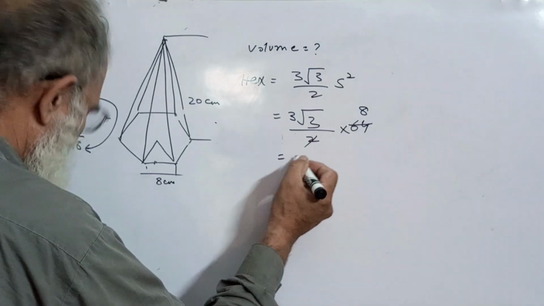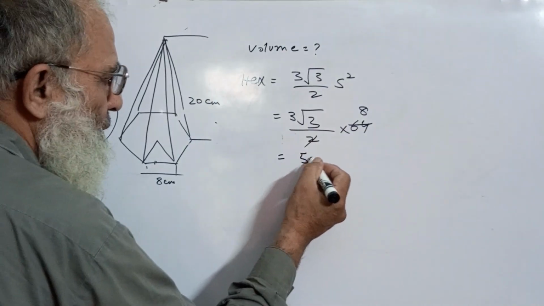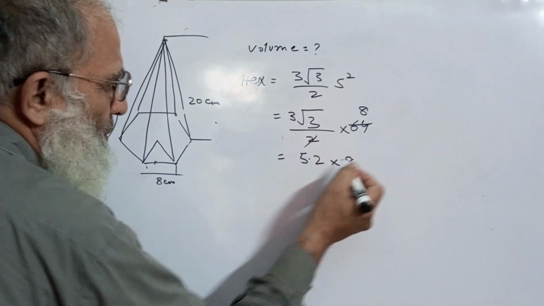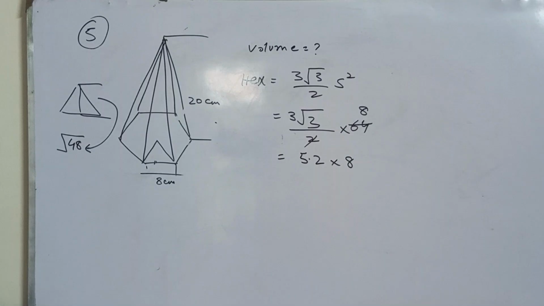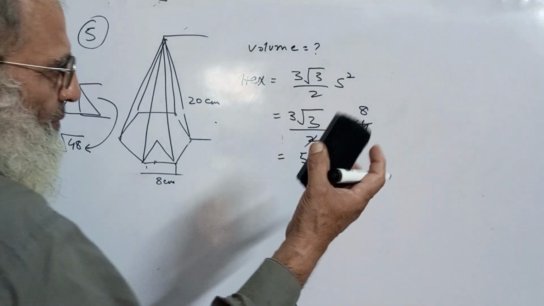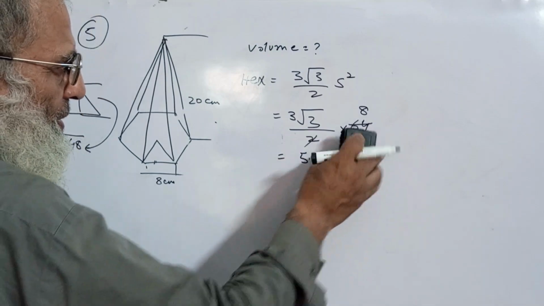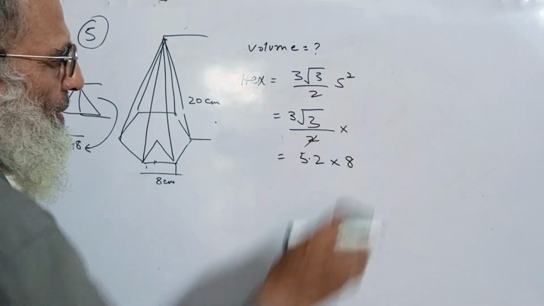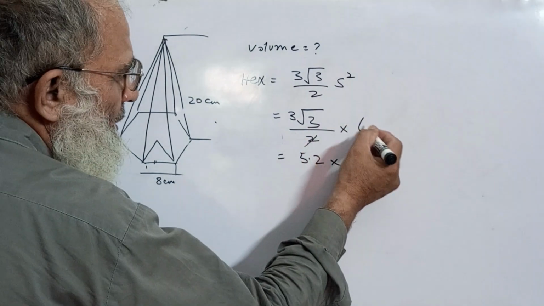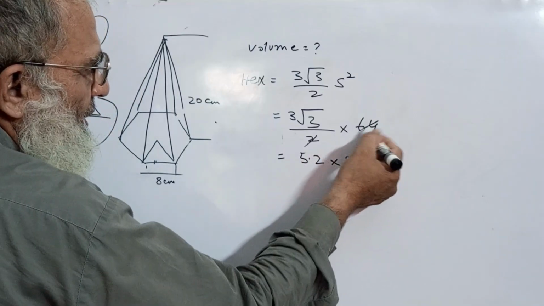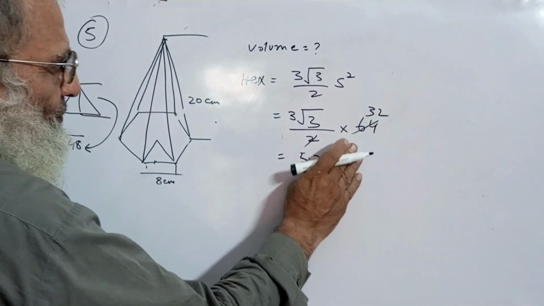so this is equal to 5.2 approximately, multiplied by 8. This is 64. 64 when cancelled will become 32.